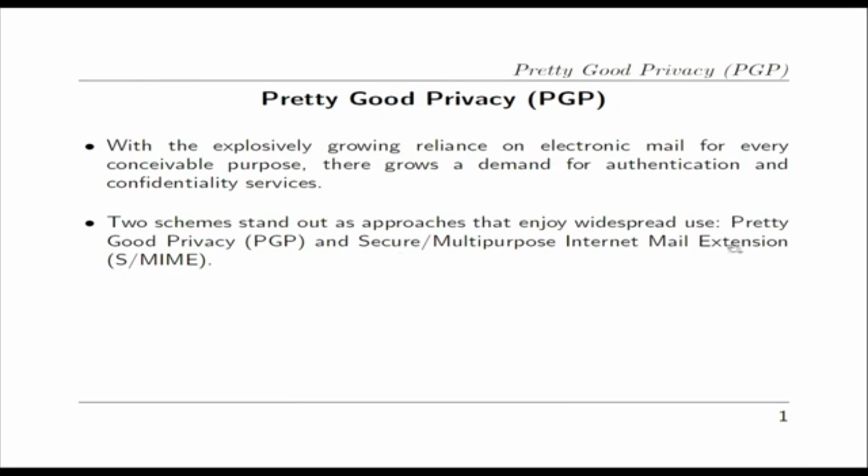One is Pretty Good Privacy, PGP, and another one is Secure Multipurpose Internet Mail Extension, which is basically S/MIME. This is basically an extension version of MIME.